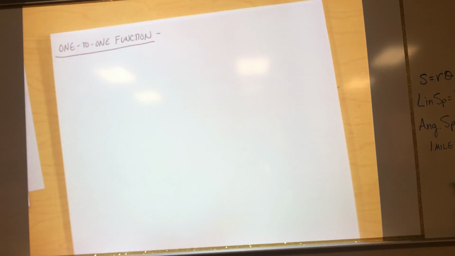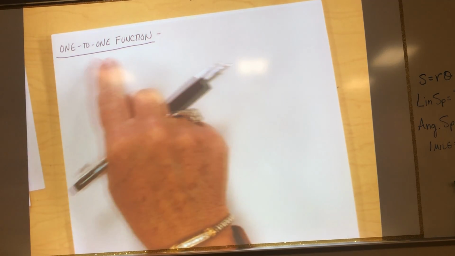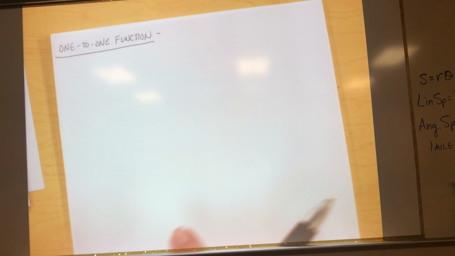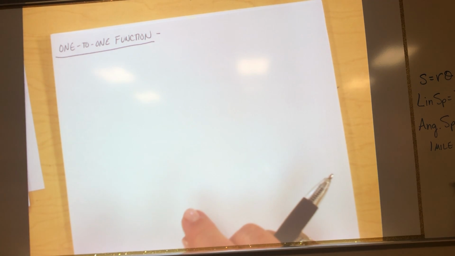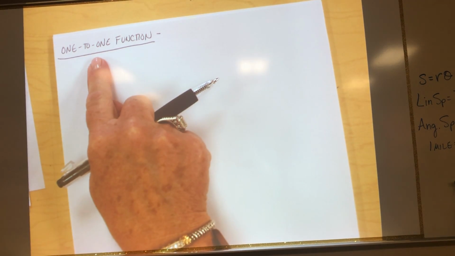What? How can something that's not even a function be a specialized function? That's like saying, is it a dog? No. Is it a wild dog? Yes. No, people. If it's not a dog, it can't be a wild dog. If it's not a function, it can't be a one-to-one function.